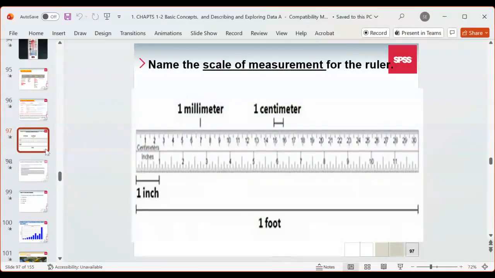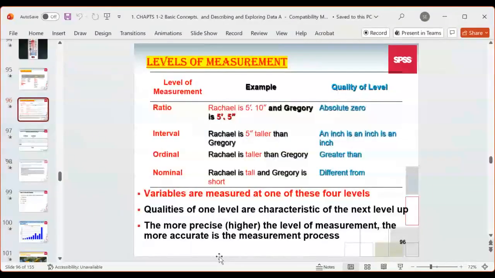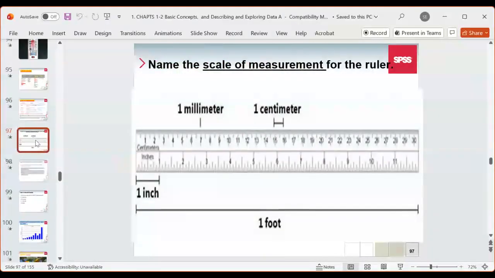Again, you can see here at the bottom it says that qualities of one level are characteristic of the next level. That means ratio is the best and also contains interval, ordinal, and nominal. Because if you look at the tool to measure the ratio scale, yes, this is a ratio scale because it has an absolute zero, because when it says zero, there's nothing else to measure.